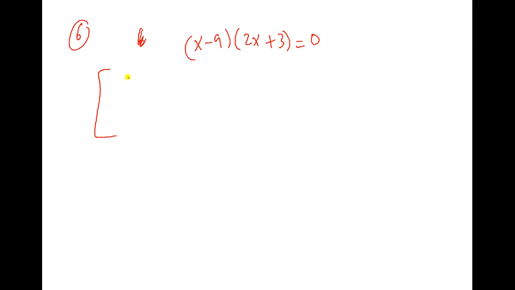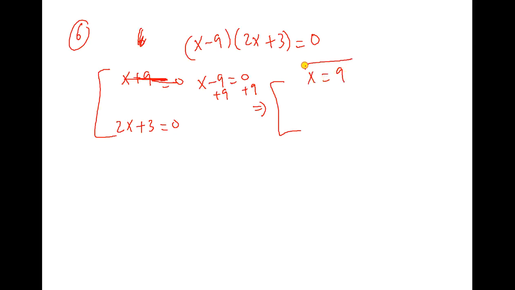That tells me that either one of them must be equal to 0, because you need one of them to be 0 in order for the whole product to get us to 0. So x minus 9 should be 0. Now you can solve for x for two cases. I add 9 to both sides, and I have the first case, x equals 9.